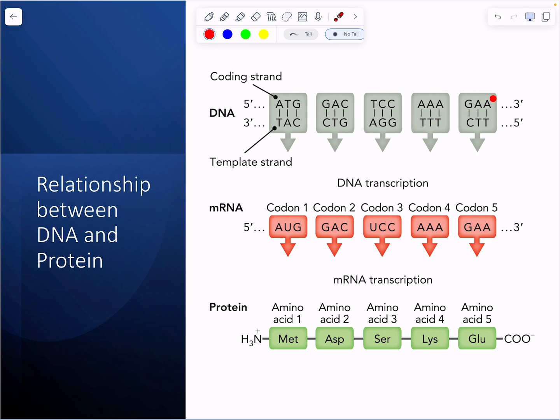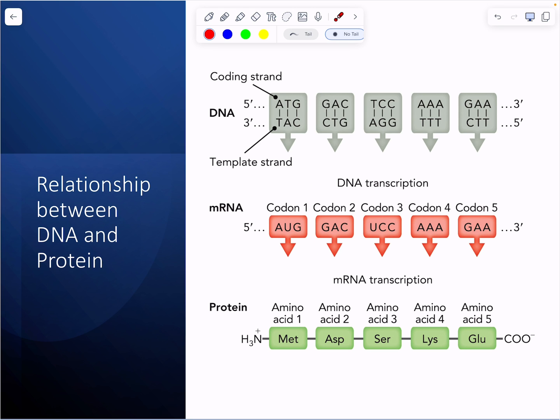So we take our two strands of DNA, they get opened up, and the template gets used to make an RNA copy of the coding strand. That coding strand has information stored in what we call codons. Codons are units of 3 nucleic acids.